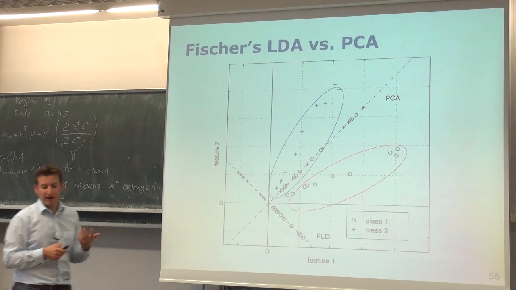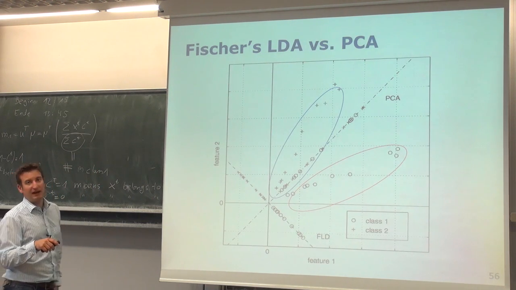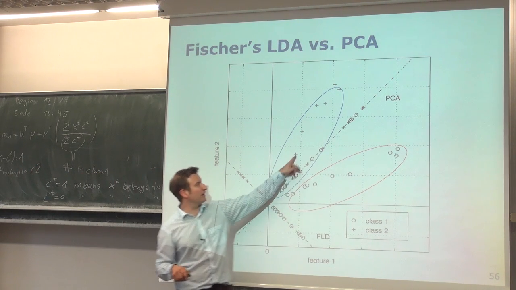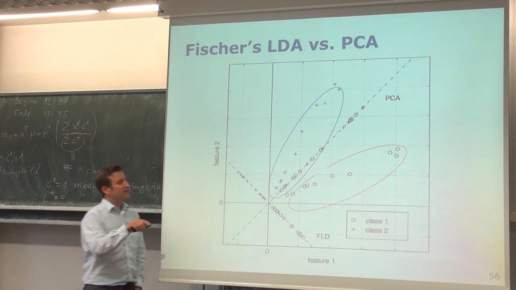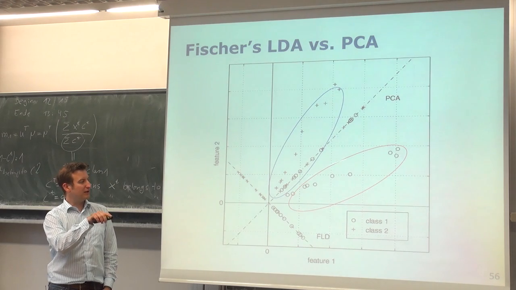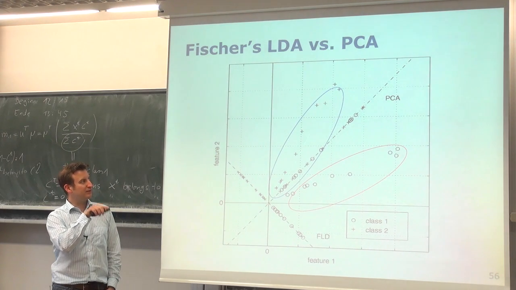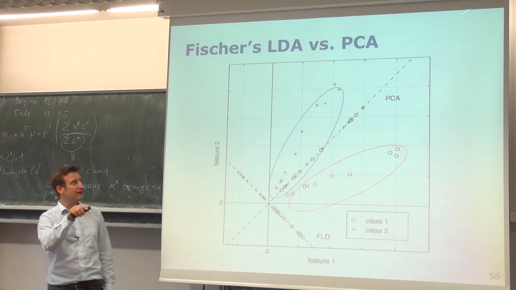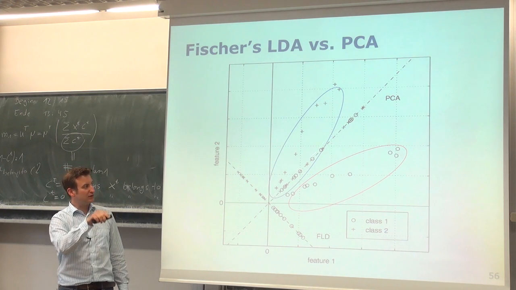So if you now compare again, as another example, LDA and PCA, my circles are class number 1, my crosses are class number 2. So this is the spread of the points in class number 1. This is the spread of the points in class number 2. If I would just take those points into account and compute a PCA, this is the dimensionality that PCA would generate.